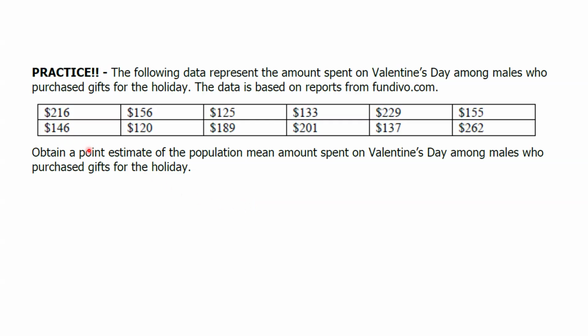Okay. So what we would do is we would take this data and enter it into our calculator, and we would need to find our point estimate. And remember, the point estimate for the population mean is the sample mean, which means we would need to find x bar. Okay. So let's do that.